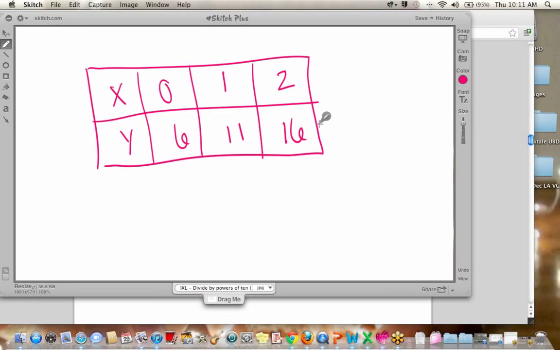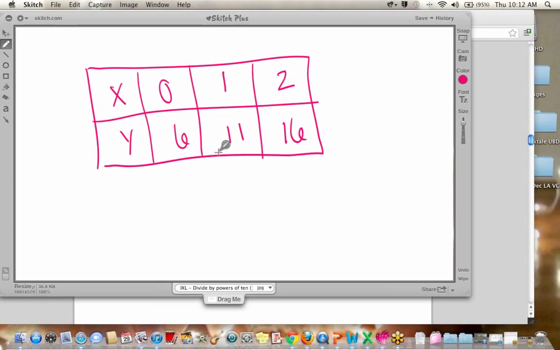All right. So basically, we need to see what they're going to do to x to come up with the y column or y row. Looking at 0 and 6, that's not real easy to figure out. So let's try to figure it out using the next column. What would I have to do to a 1 to turn it into 11?